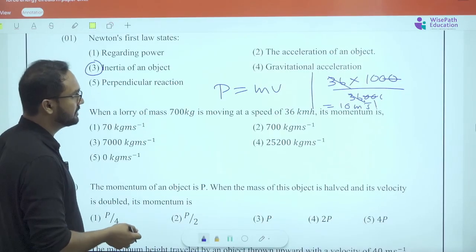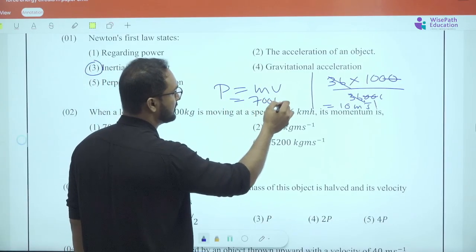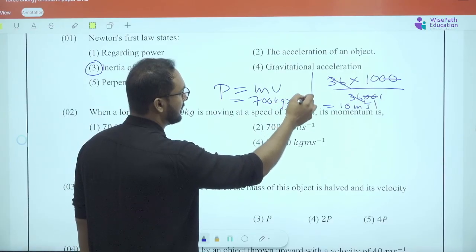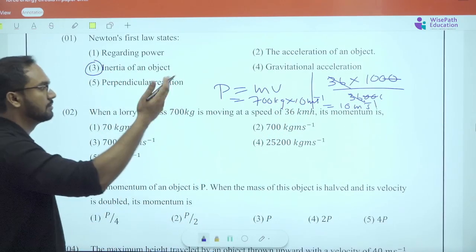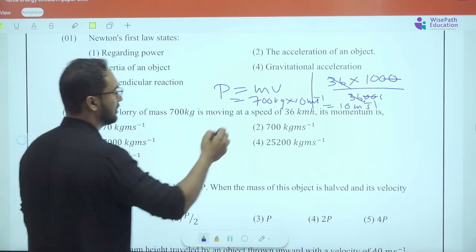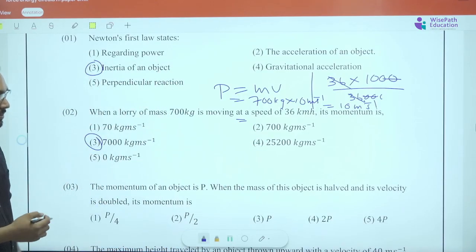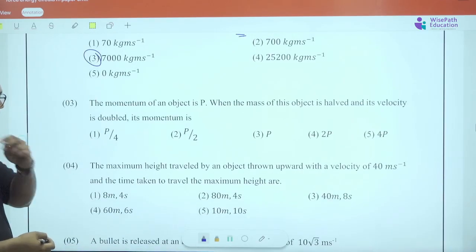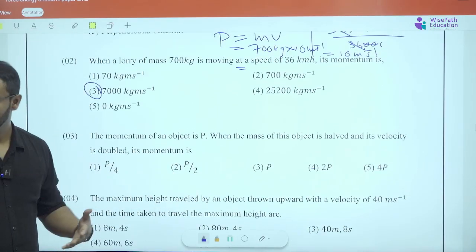So P equals mv should be how much? Mass is 700 kilograms and the velocity is 10 meters per second. So it's how much? 7,000 kilogram meters per second. If you want to take the notes, you decide.